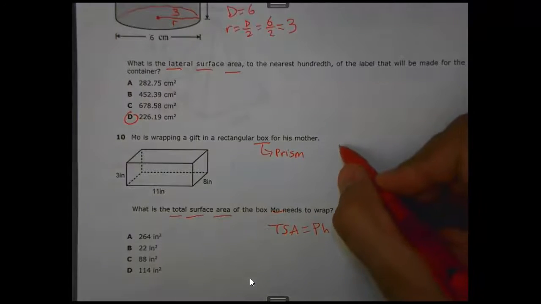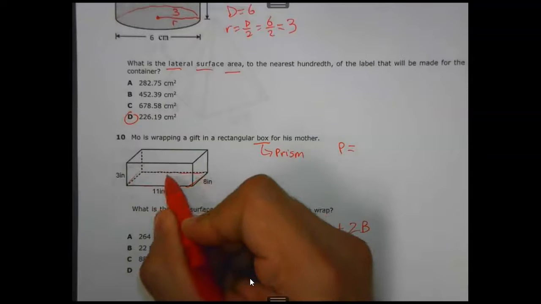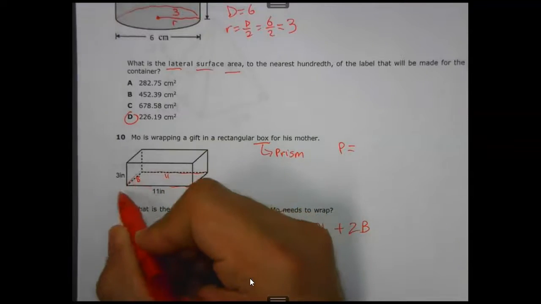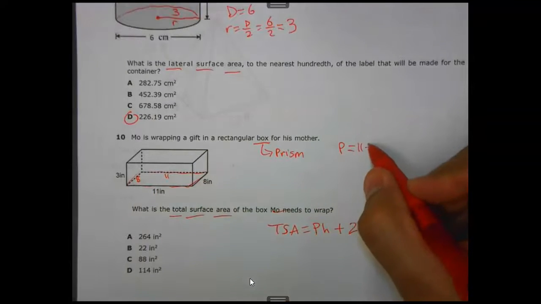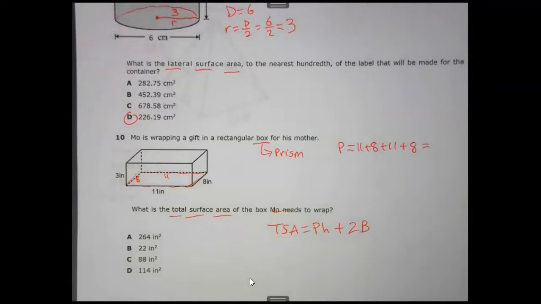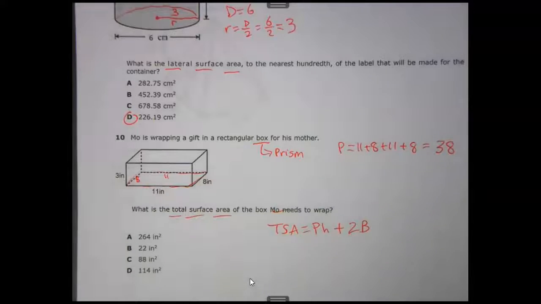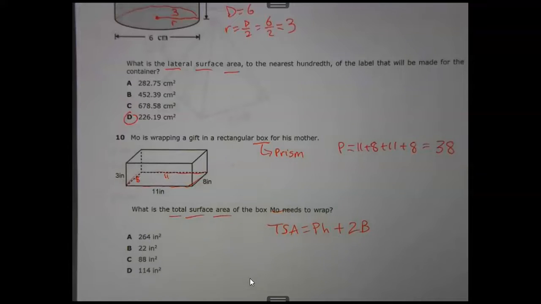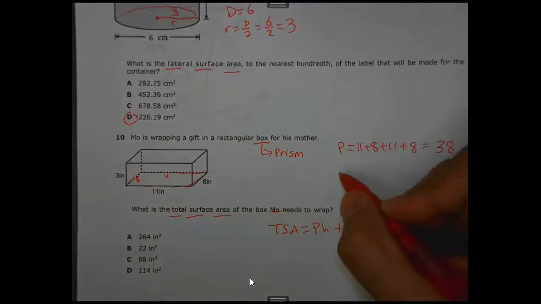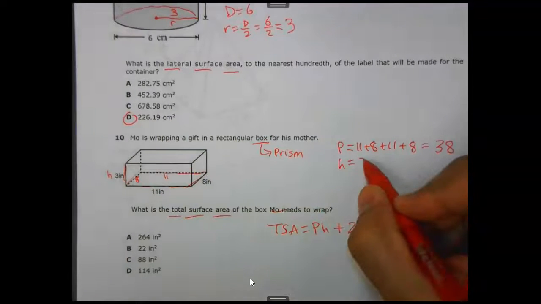So let's figure this stuff out. The perimeter of the bottom: 11, 8, and then 11 and 8. You add up all four sides to get the perimeter. So what do we get? 38. There's P. The height, going up and down over here, is 3.